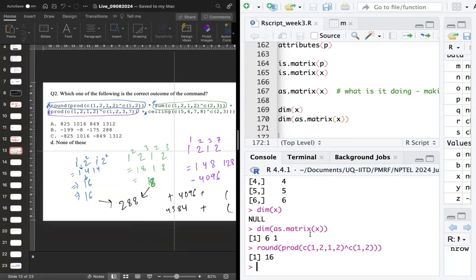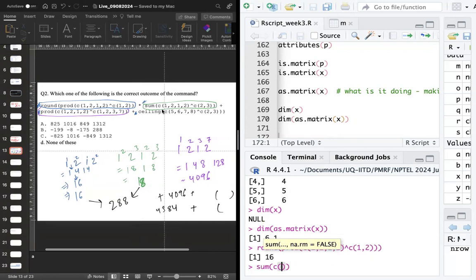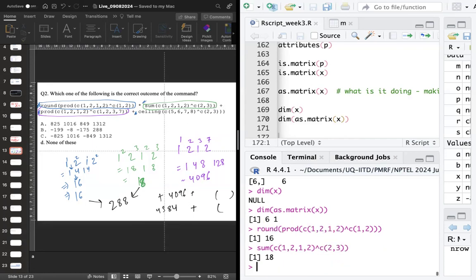So that's 16, so that's correct. Then we have sum c(1, 2, 2) to the power 2, 3. So that's 18, that's also correct.